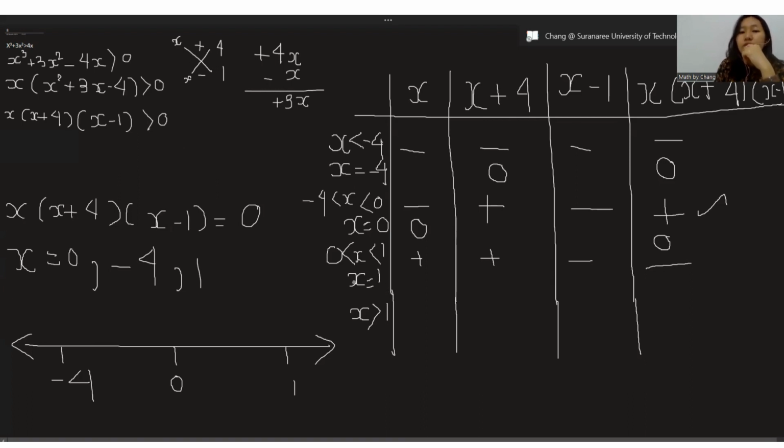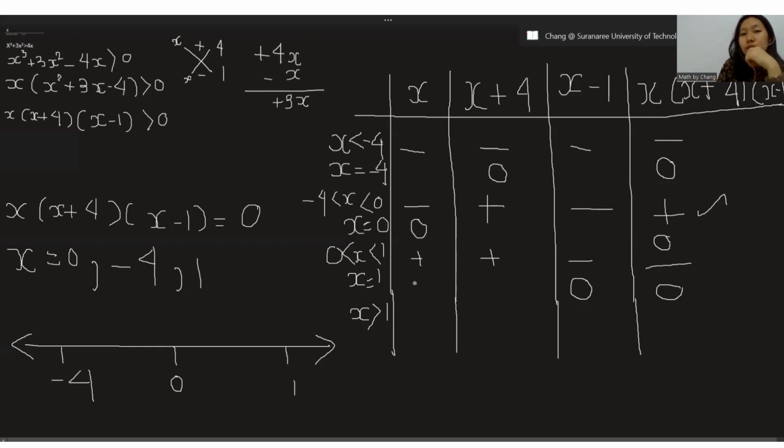All right, so the next one, when x equals 1, what will you get here? 1 minus 1, you will get 0. And when you multiply 0 with any number, you will only get 0. So I will not take account of this one either. All right, so when x is greater than 1, just put any number greater than 1. I will pick 2.